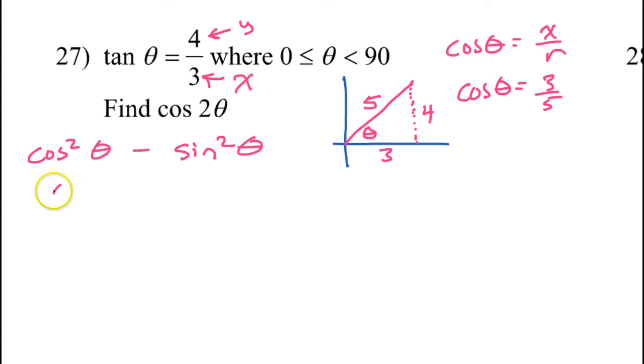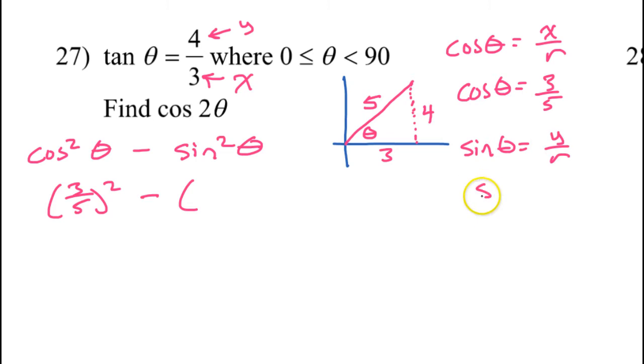Okay, so cosine squared is going to be 3 over 5 squared. Okay, sine squared, all right, sine theta is y over r. So in this case, sine theta is going to be 4 over 5. So sine squared is going to be 4 over 5 squared.